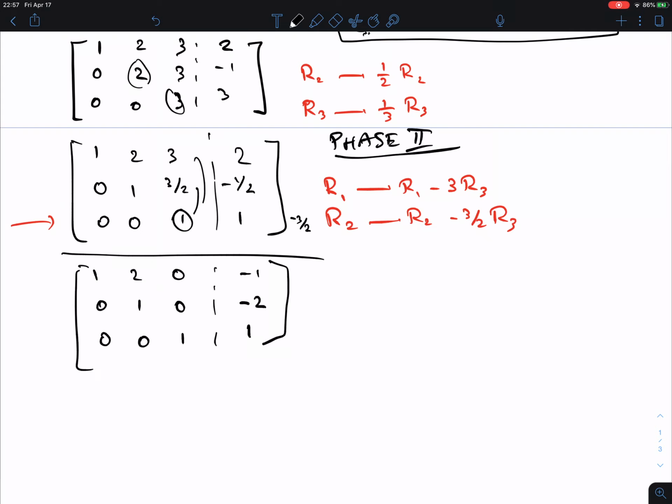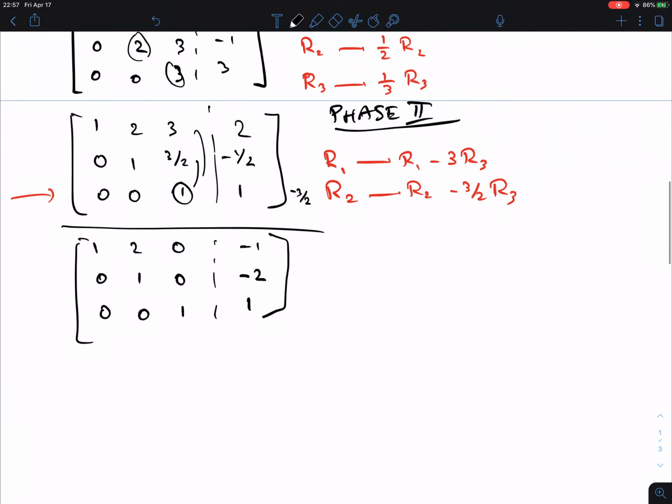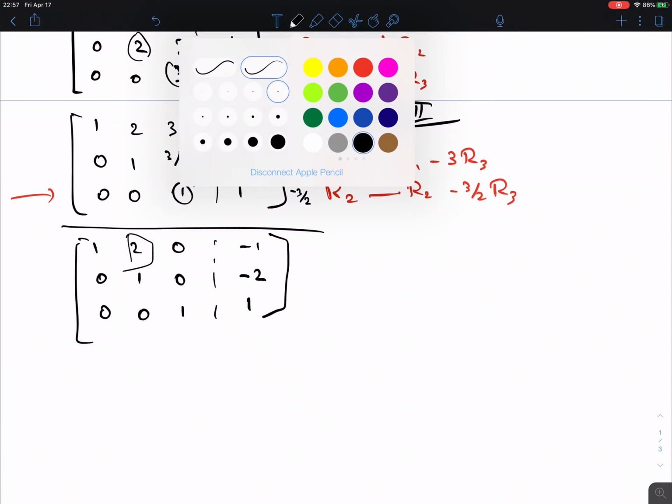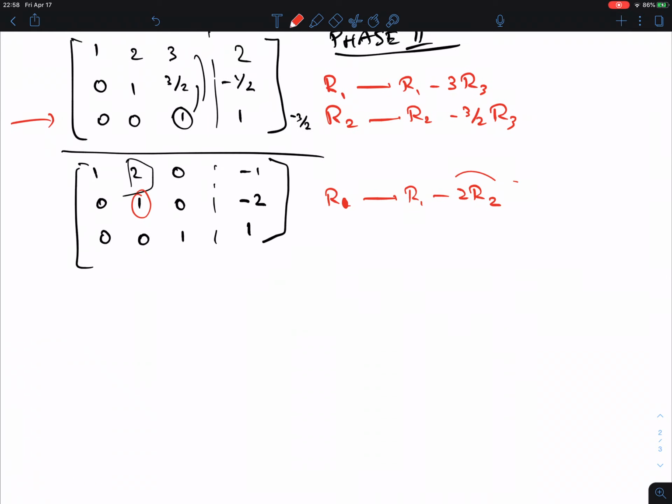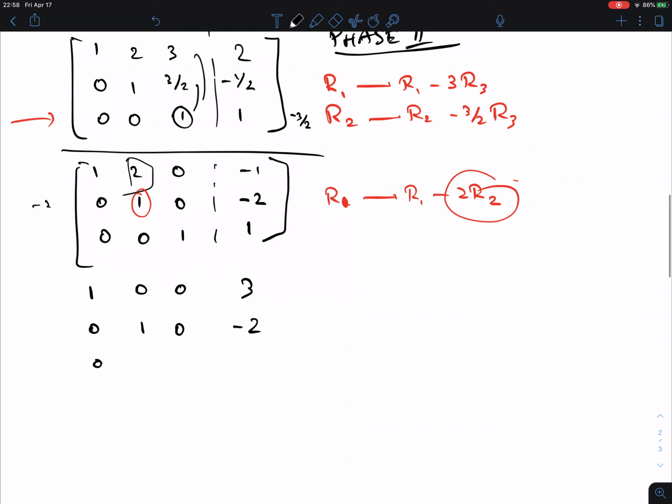The only thing that we need to get rid of is this entry, which we do with another row operation using this pivot. So replace row 1 with row 1 minus 2 times row 2. This is always the row where the pivot is. So we get 1, 0, 0 (that's just a 0), then 4 minus 1, that's 3; 0, 1, 0, negative 2; 0, 0, 1, 1.